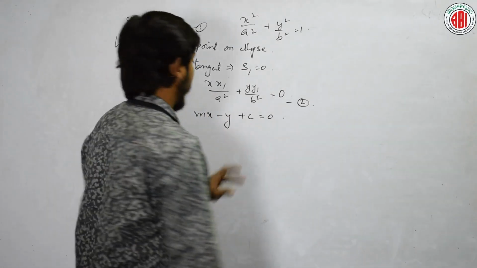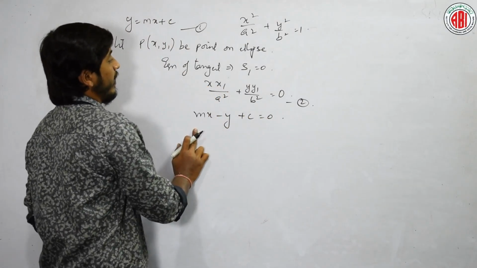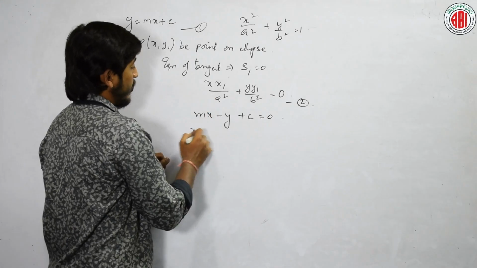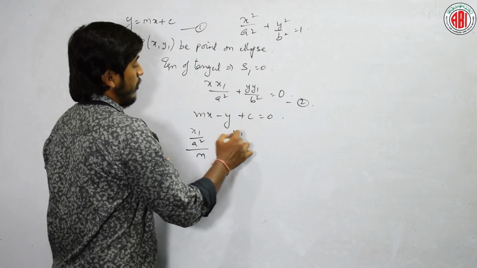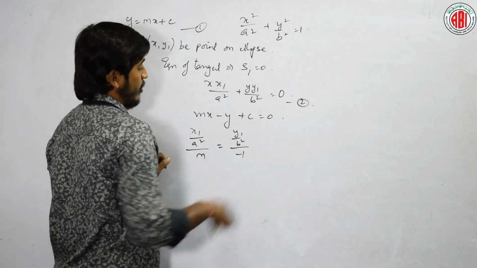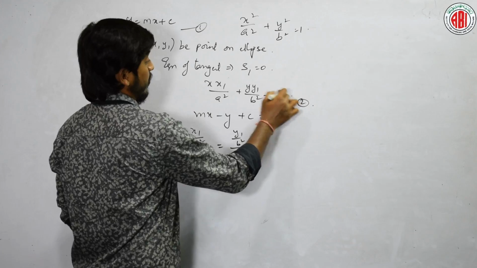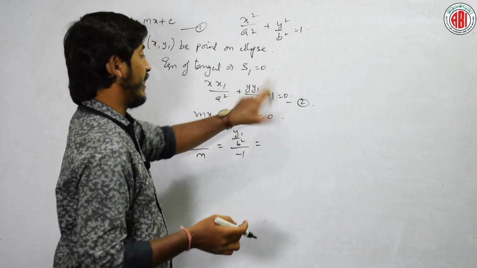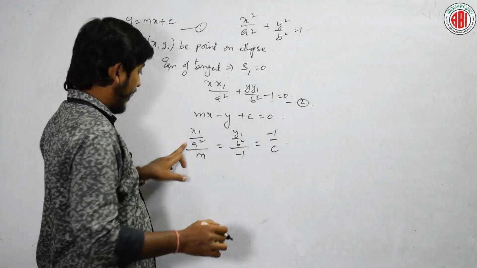So, I can compare the coefficients here. How do we write it? Divide this. What do I get? x1 by a square by m is equal to y1 by b square by minus 1, is equal to, sorry, this is a constant, right? I thought of it as a differentiation. So, here we will get 1, this will be like minus 1 by c, right.